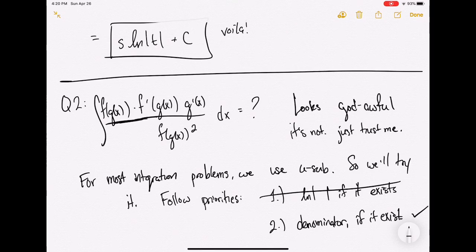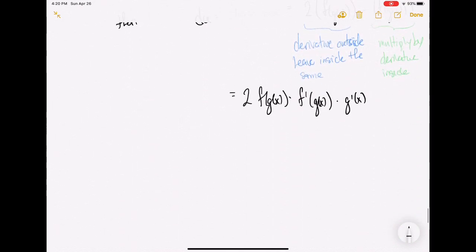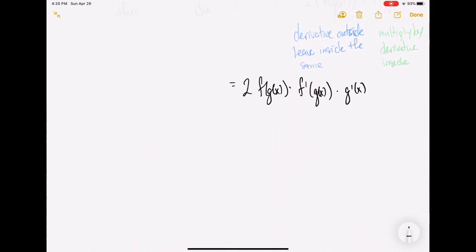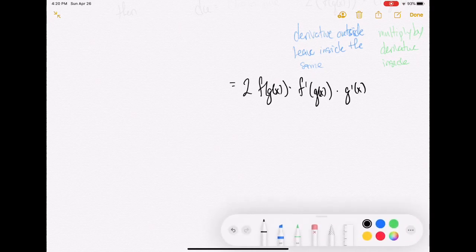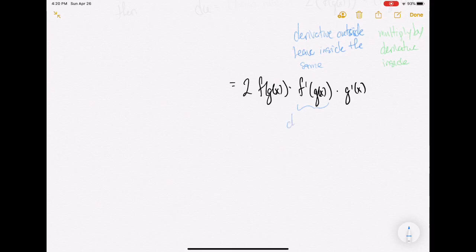It's right on the PDF. I just copied it down wrong. Okay. So this is one more time of the u substitution, or one more time of the chain rule: derivative of the outside, leave the inside the same, and then multiply by the derivative of the inside.